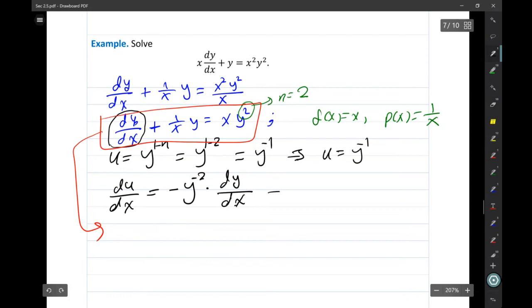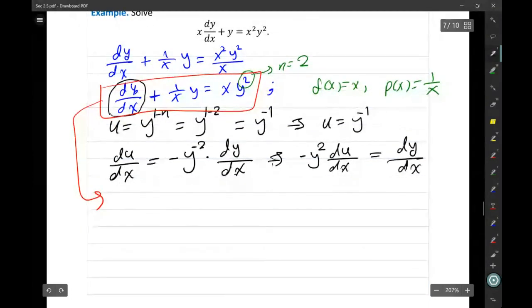Let's step here. Now multiplied both sides by what? y square. It becomes minus y square du by dx, it is equal to dy by dx. All right. Now divide both sides of your equation by what? By y square.